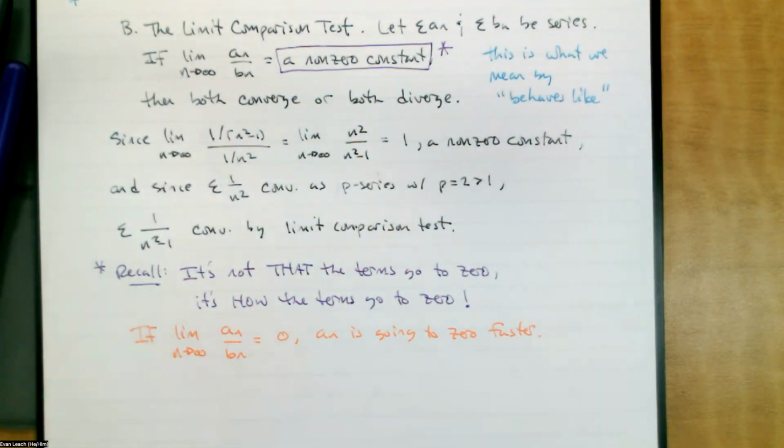On the other hand, if the limit as n goes to infinity of a_n over b_n goes to infinity, then b_n is going to 0 faster.